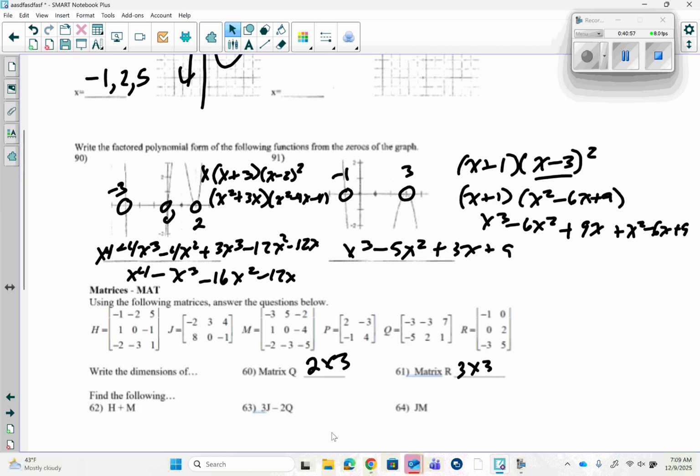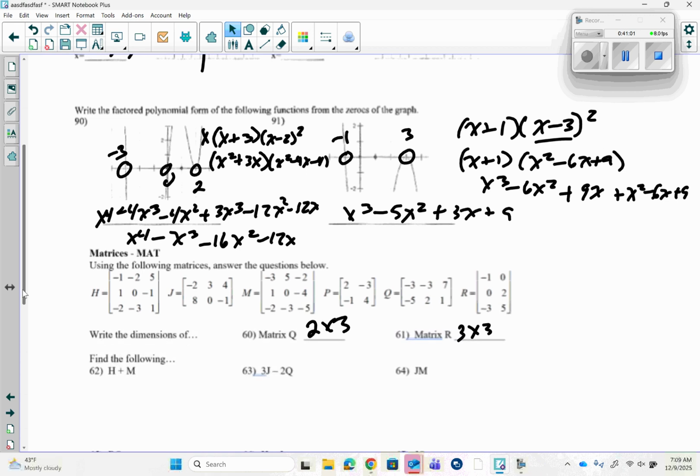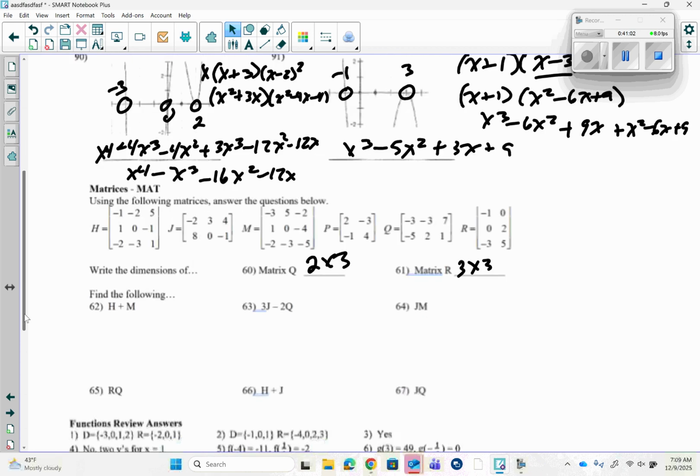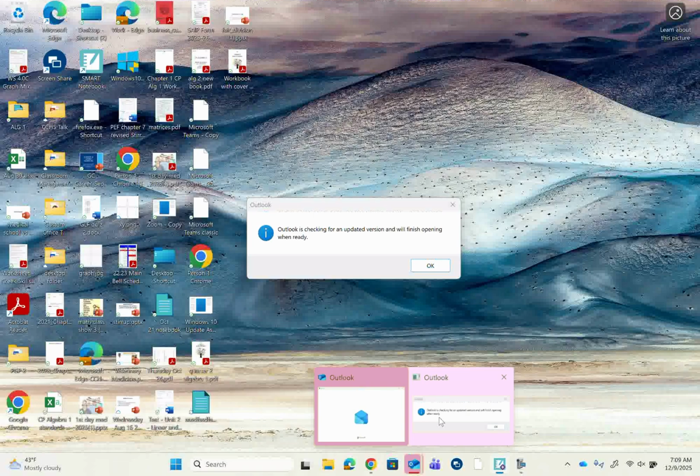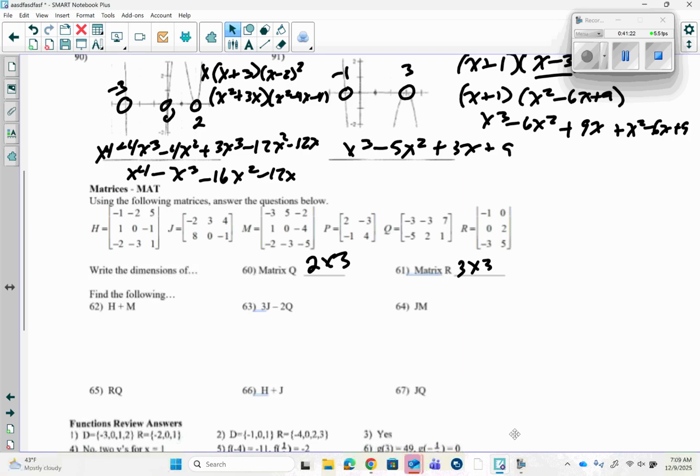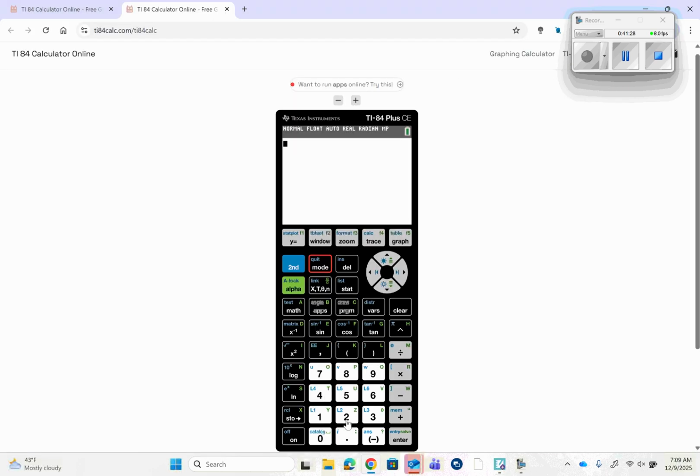Okay, and then find the following: H plus M. So you can just do 1 and 3.